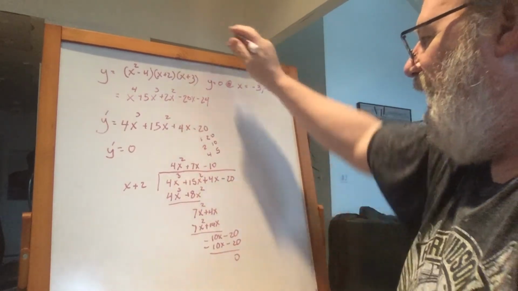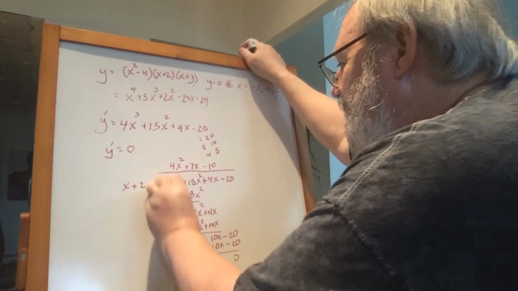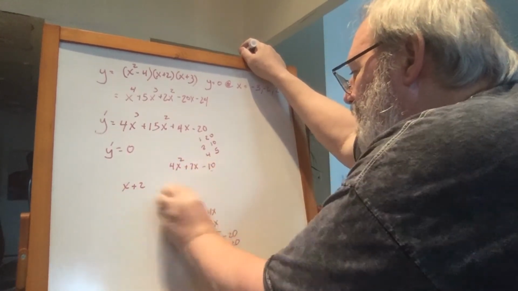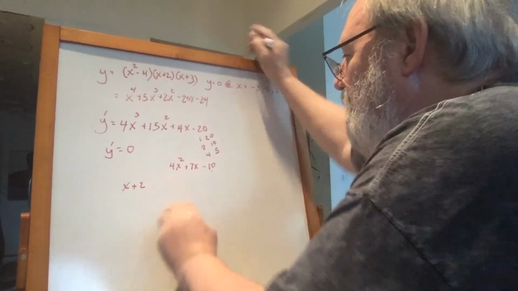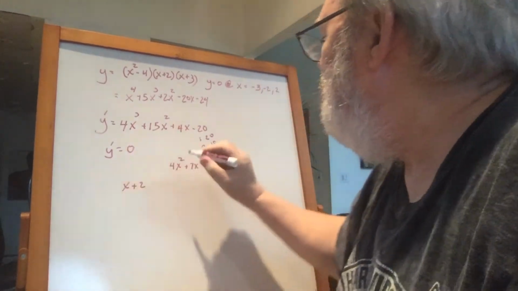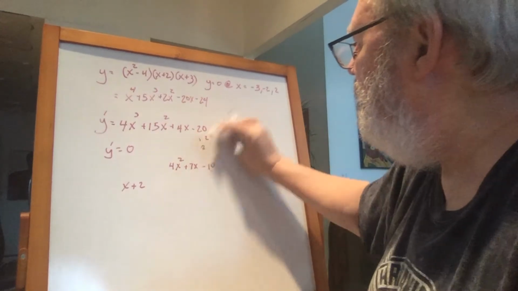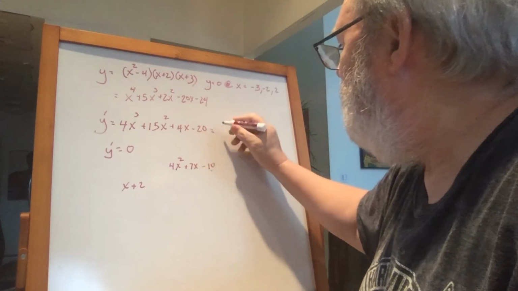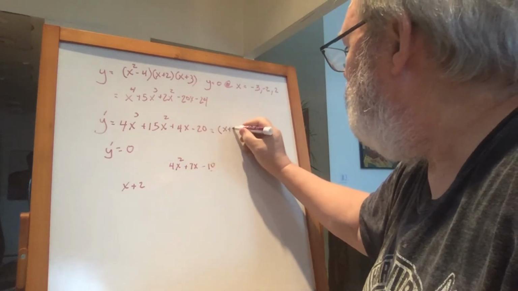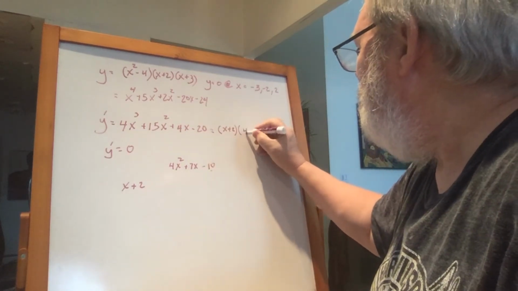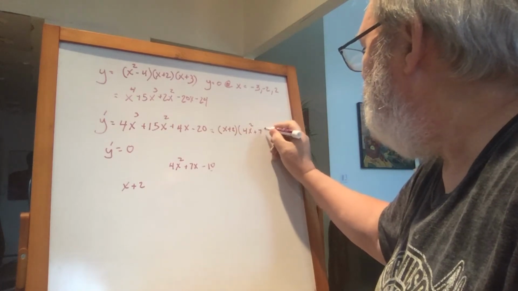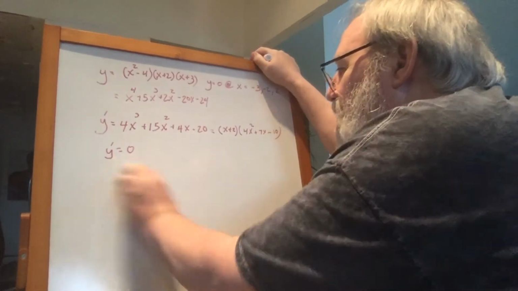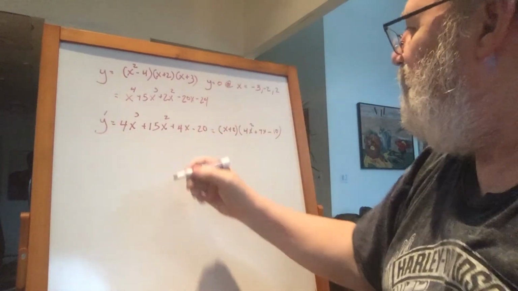And now what we've got is this is equal to x plus 2 times 4x squared plus 7x minus 10. Now, we want y prime to be 0.